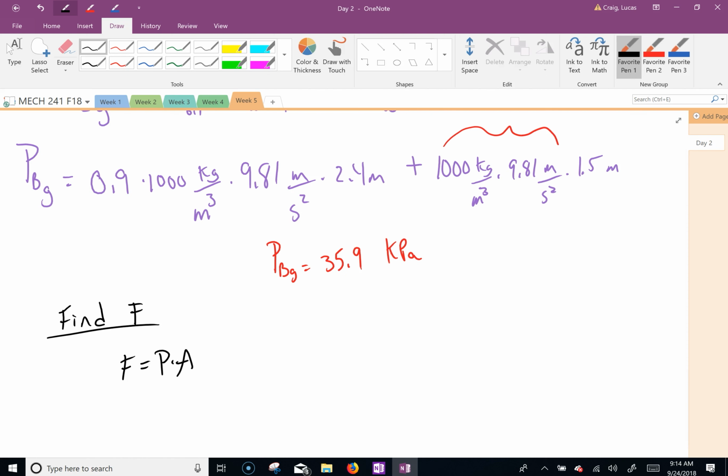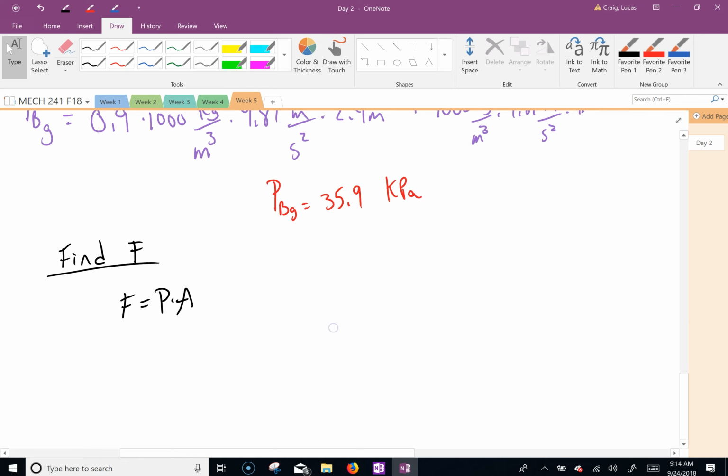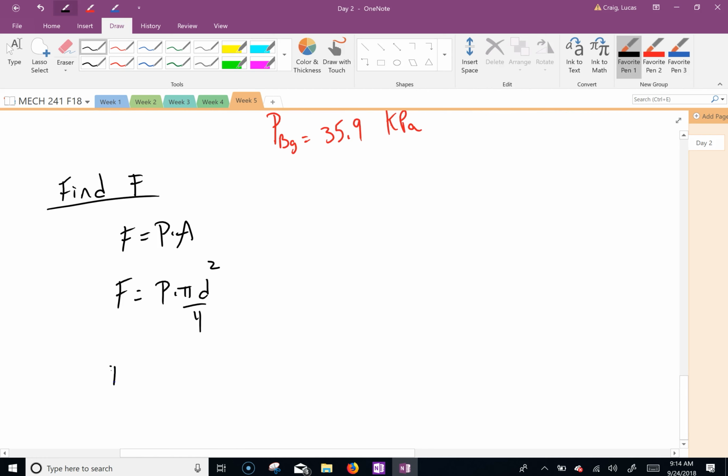Well, now you can say F is P times A. And the force equals P times pi d squared over 4. So F equals 35.9 kilopascals times 1,000 pascals over 1 kilopascal times pi times 3 meters squared over 4.